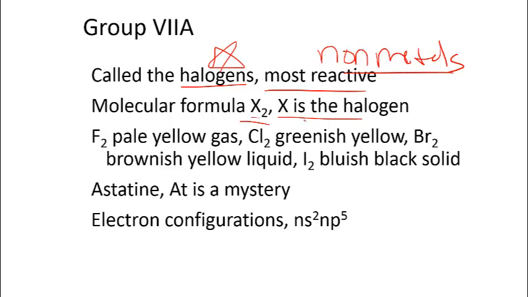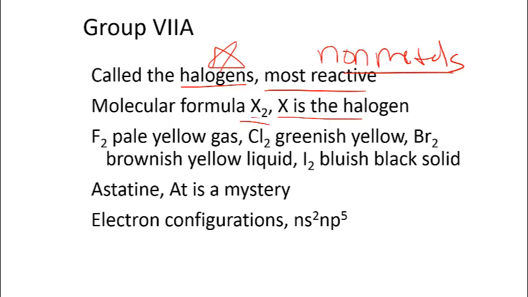Now, not much is known about astatine, atomic symbol At, because all of its isotopes are radioactive and they have very short half-lives. We'll talk more about half-lives when we talk about nuclear chemistry, but a half-life is the time it takes for half the isotope to decay or break down into another element.